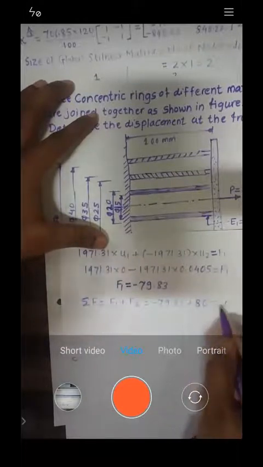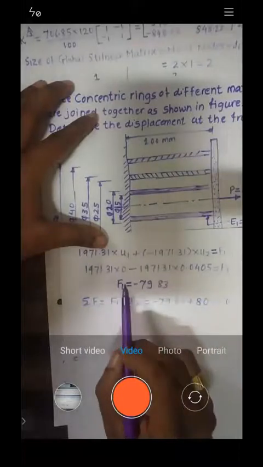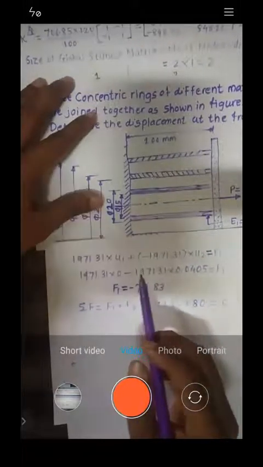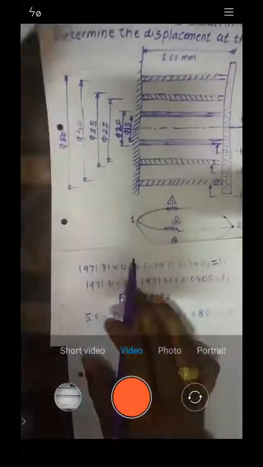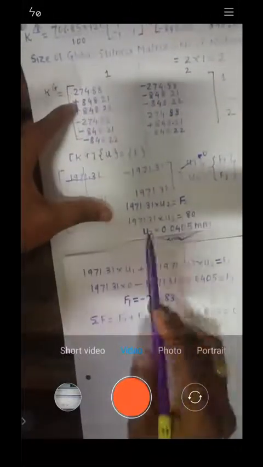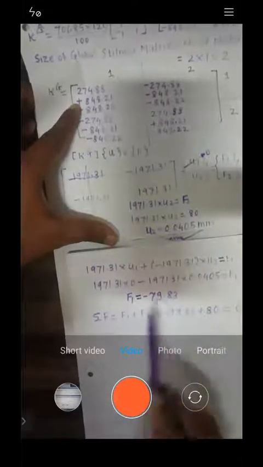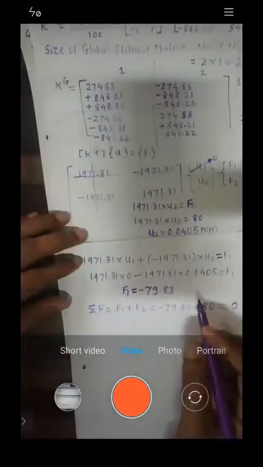When your summation is approximately equal to 0, that means whatever value of displacement you have calculated is correct. Because from this displacement only you have calculated the reaction. So if your summation of forces is coming 0, that means you have correctly calculated the value of reactions. Is it okay?